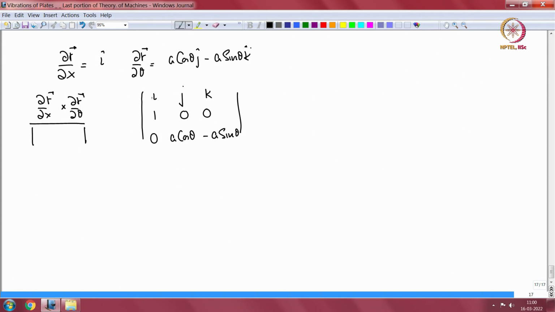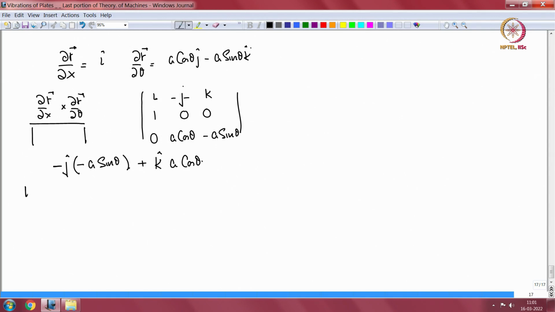Okay, so this i goes into 0, this j goes into minus a sin theta, so I have minus of j into minus a sin theta. From the rules of cofactor, j gets a minus, plus k hat into a cos theta. That is the cross product.